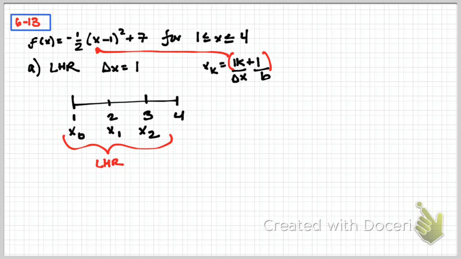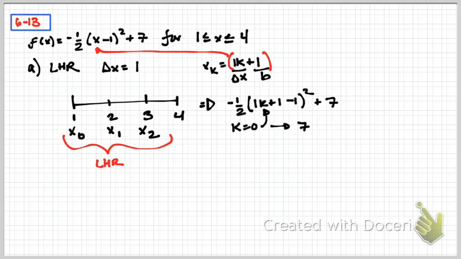You guys should remember this somewhat. It'd be negative 1/2 times (1k plus 1 minus 1) squared plus 7, and we're going to start with k equals 0. So you would literally plug it in there. When we evaluate it, when k equals 0, my answer is 7.